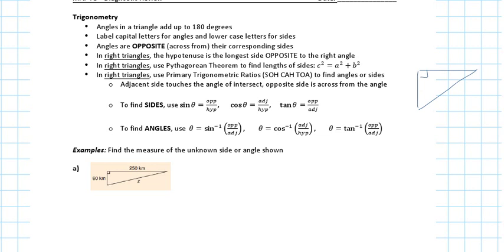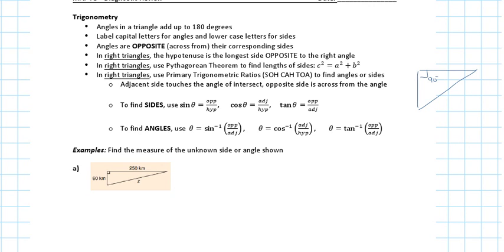In a right angle triangle, if this is 90, then for sure this is the biggest angle, because you only have 90 left for the other two. So you must have the biggest side across from it. That's why the hypotenuse is the biggest side in the right angle triangle, and it's opposite from the 90.